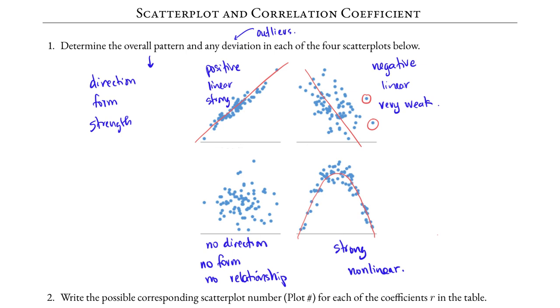And for the third one, since there is no relationship, we cannot find any outliers. We can only get an outlier if we can determine the form of the scatterplot. And similarly for the last one, since most of the points are close to the parabola, we will say that there is no outlier.